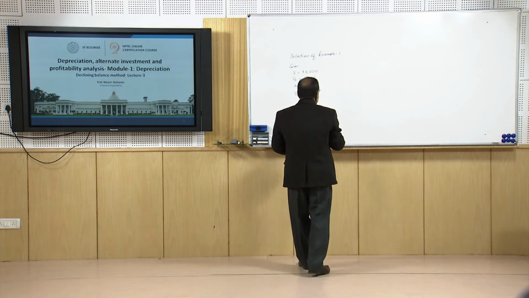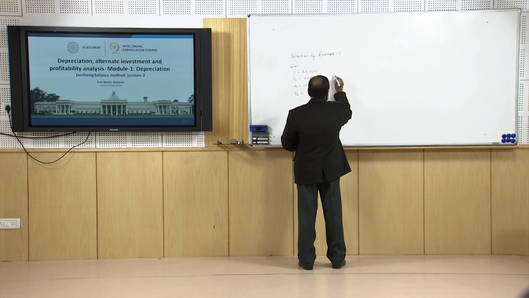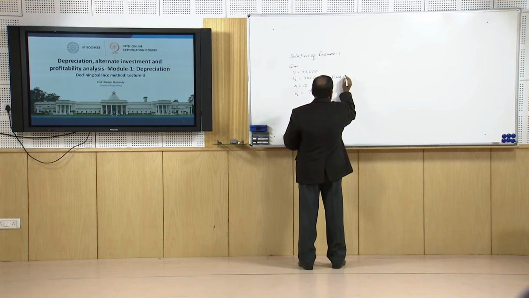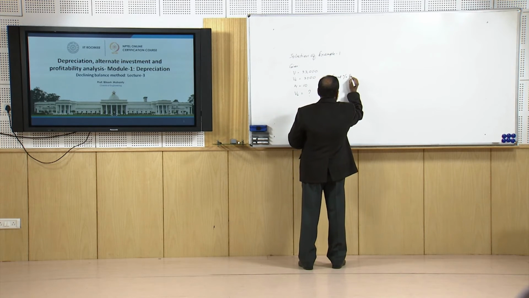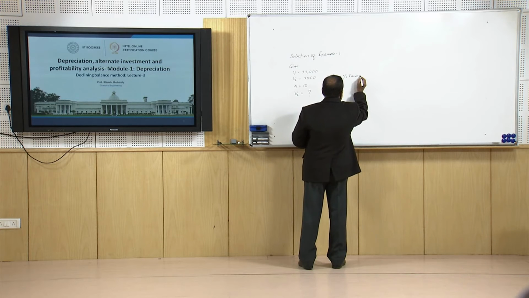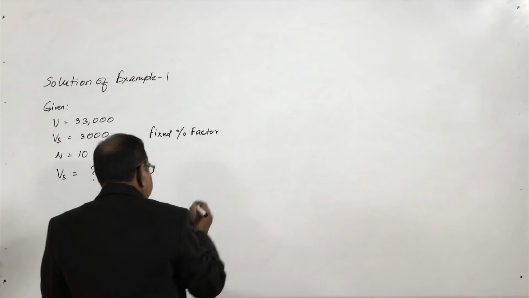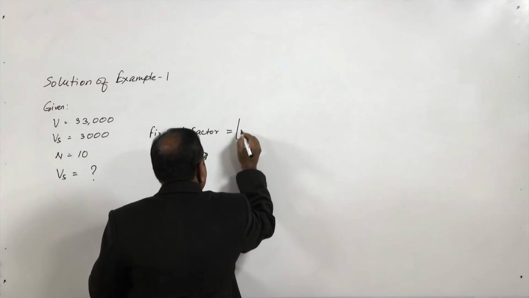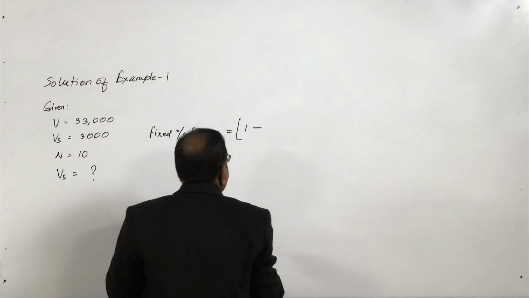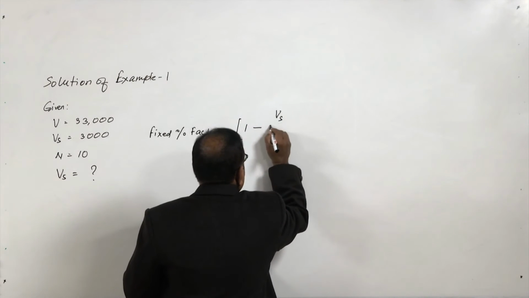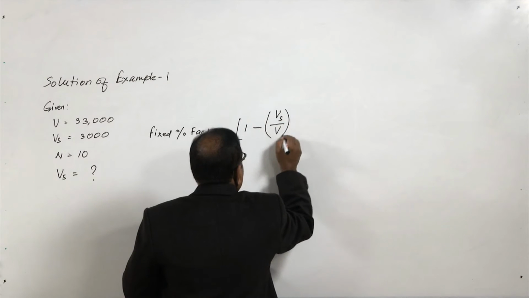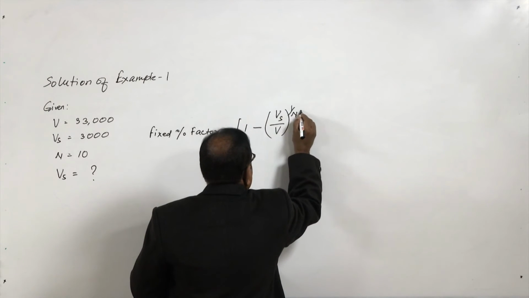Now the fixed percentage factor is equal to 1 minus (Vs by V) to the power 1 by n.